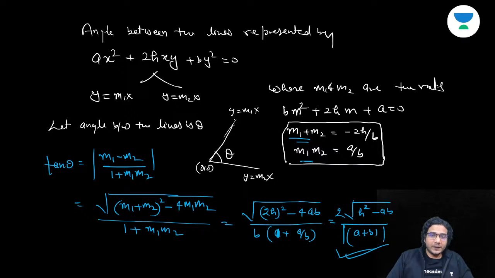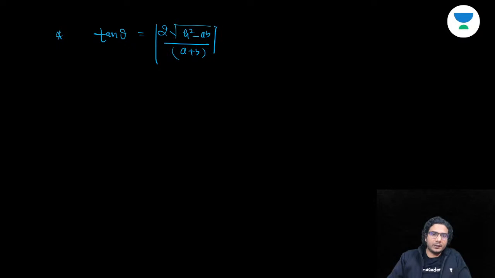It's better to use the values of a, b and h directly. So memorize this formula, the angle between the lines represented by these two equations. From this, tan theta is 2 under root of (h square minus ab) upon (a plus b), with mod also because of the acute angle.